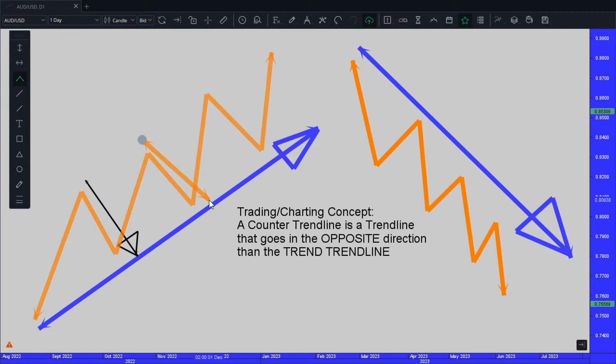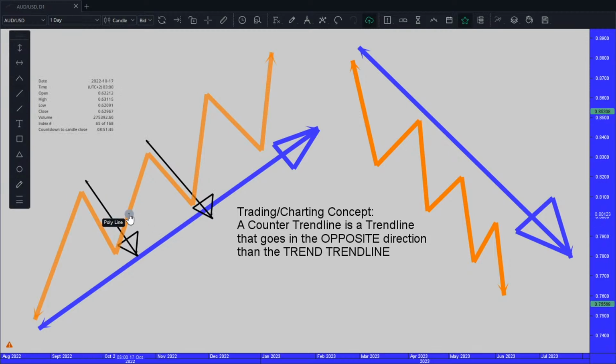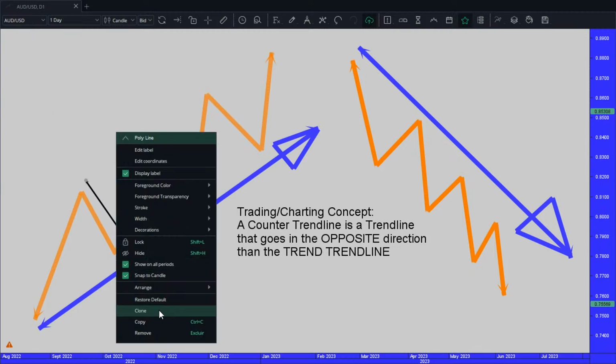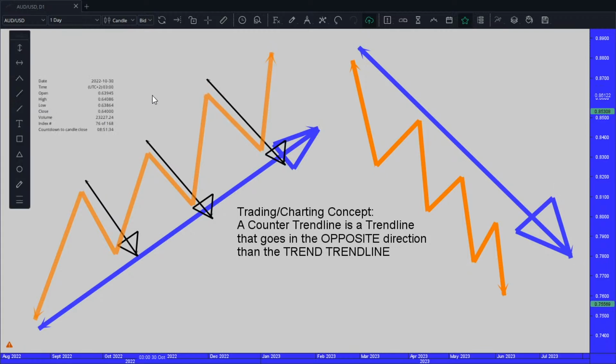So, counter trend line, one more time: a counter trend line is a trend line that goes in the opposite direction than the trend line. So in an uptrend, the counter trend line is going to go down. Exactly, very good.